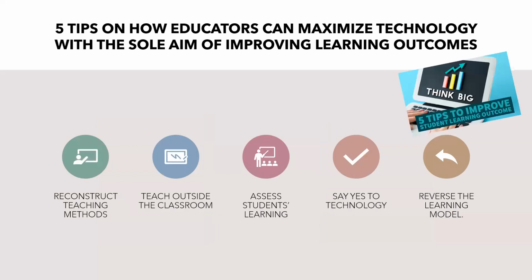Now, these are the 5 tips on how to improve learning outcomes using technology in education. You need to think about how you can reconstruct your teaching methods. There are some modern teaching methods that we'll be looking at briefly in this session, and I hope you will benefit from that. Then you need to teach outside the classroom.